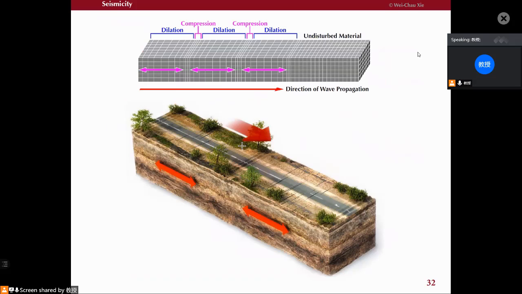Okay, so it propagates with compression and dilation. So if you look at a piece of frost, this is the direction of the wave, and you can see we have compression in this portion and dilation in this portion, and then compression and dilation travel along the wave.